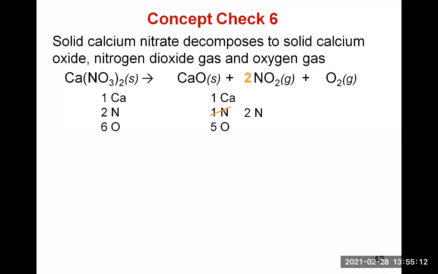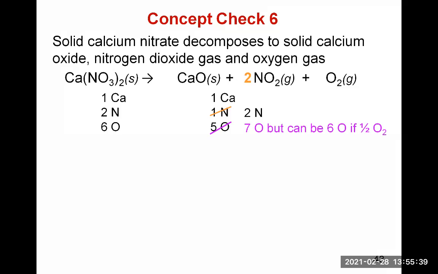But notice how we have O2 on the right side, which means it's oxygen by itself. So let's already try to make it 6 by putting a coefficient that will allow us to make it 6 on the right. We cannot change the 2 in front of NO2, so that's going to be 4 from there, plus 1 from the CaO, that's 5.